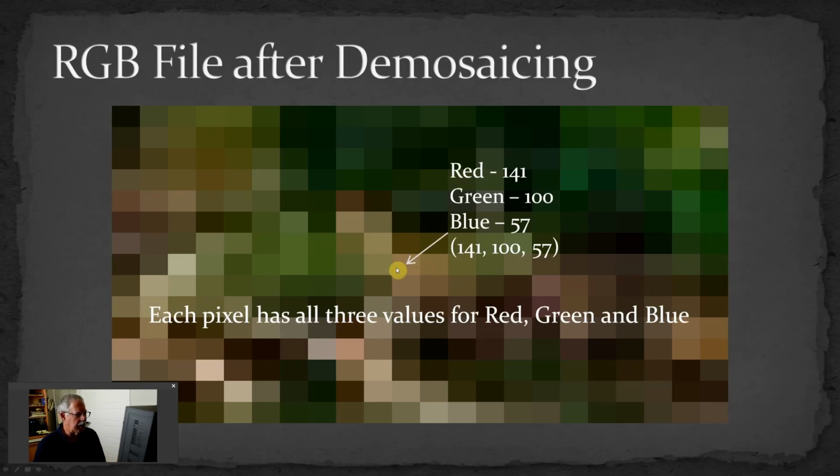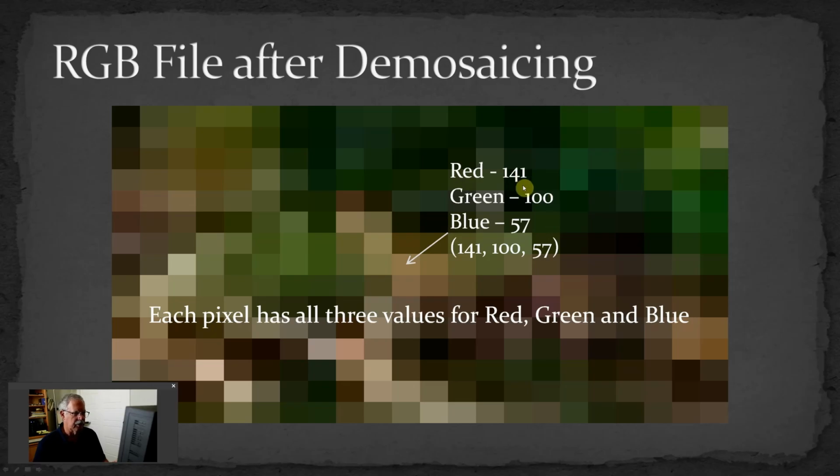And any individual pixel is now defined by its red amount, its green amount, and its blue amount. So in this example, this pixel has a red value of 141, a green of 100, and a blue of 57. The problem is that doesn't completely describe the color of the pixel.